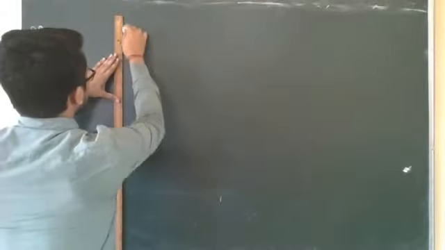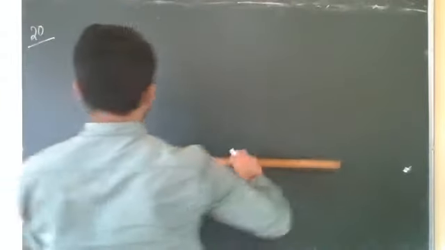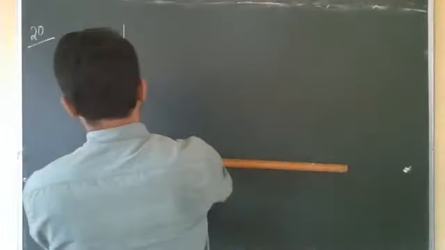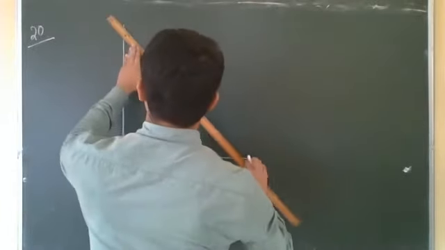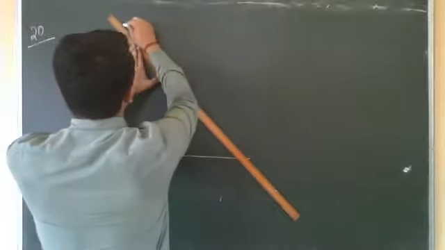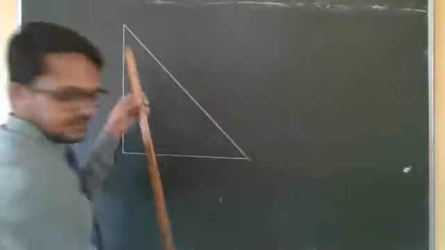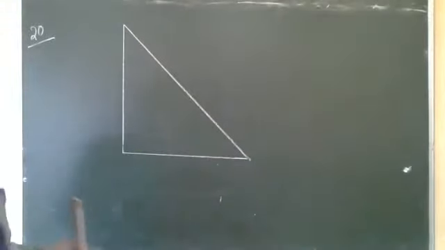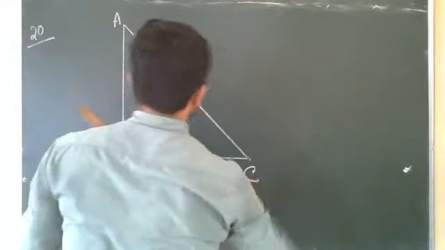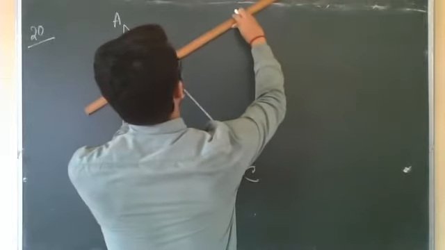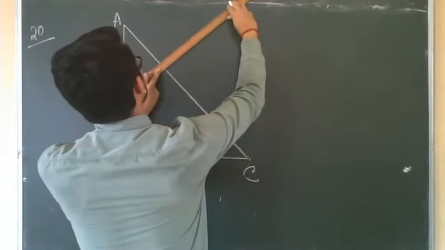Here, question number 20, it is a right angled isosceles prism. Light is incident at the hypotenuse along the normal.